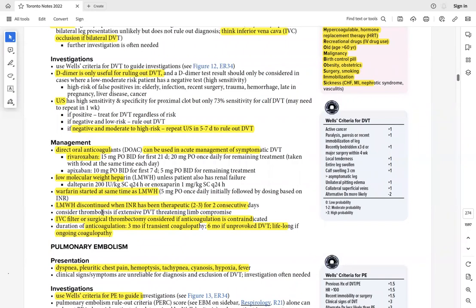Now, if there was some underlying cause of the DVT, then we give the anticoagulants for 3 months. But if there is no cause, the patient is just having it, then we continue it for lifelong or up till 6 months. So mostly it is for lifelong. They are on heparin and warfarin. Okay.